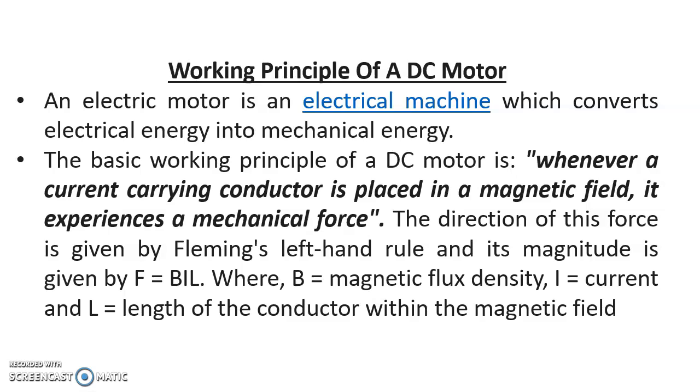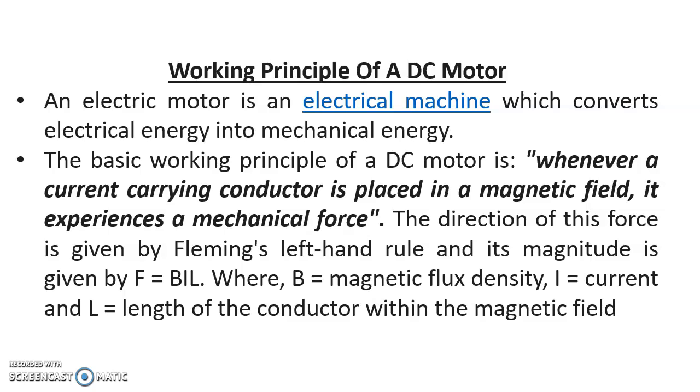Now we are going to see the working principle of a DC motor. An electric motor is an electrical machine which converts electrical energy into mechanical energy. The basic working principle of the DC motor is, whenever a current carrying conductor is placed in a magnetic field, it will experience a mechanical force.